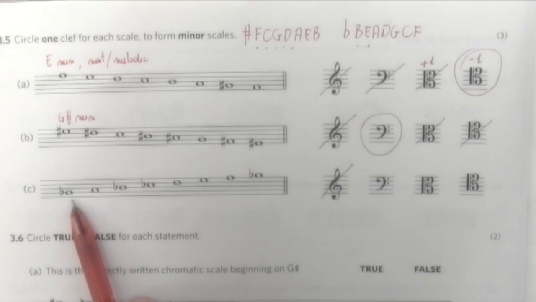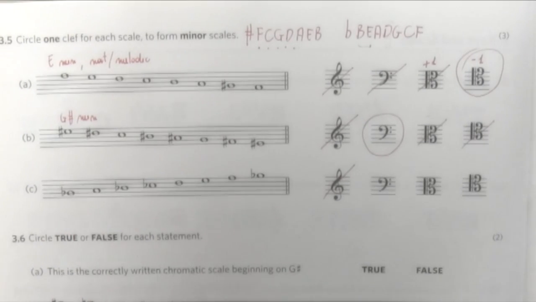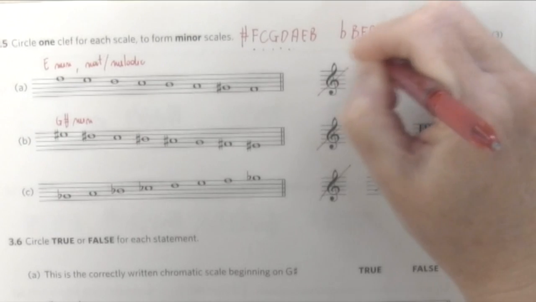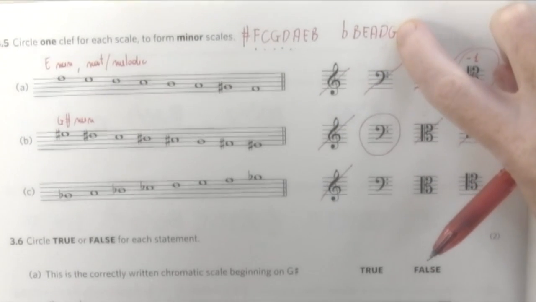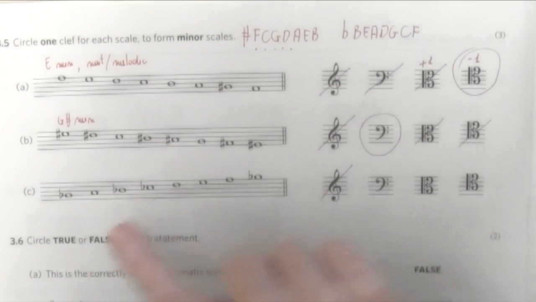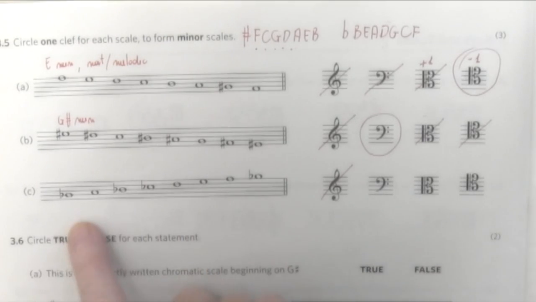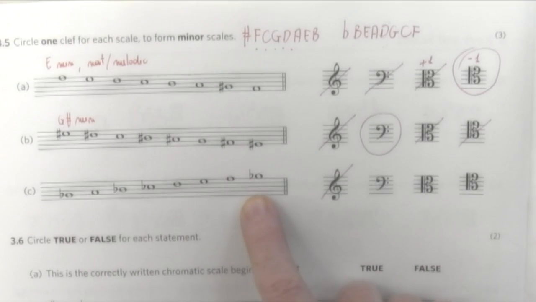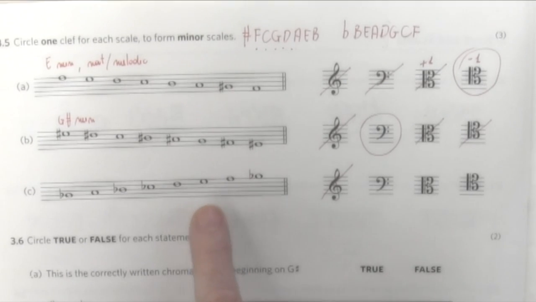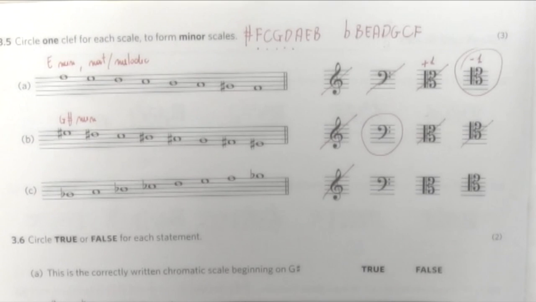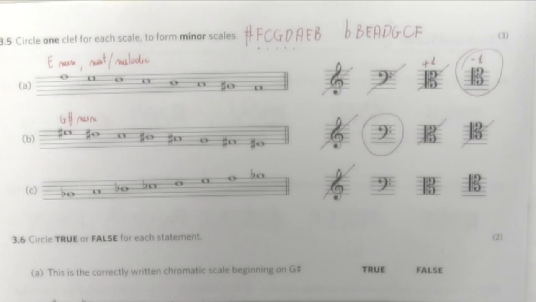B flat minor is the relative minor of D flat major, and D flat major has 5 flats. Now we don't have them here, but these could be raised because it's an ascending scale. So we need to watch out for the 6th and 7th, because in the melodic scale, the 6th and 7th degrees must be raised.